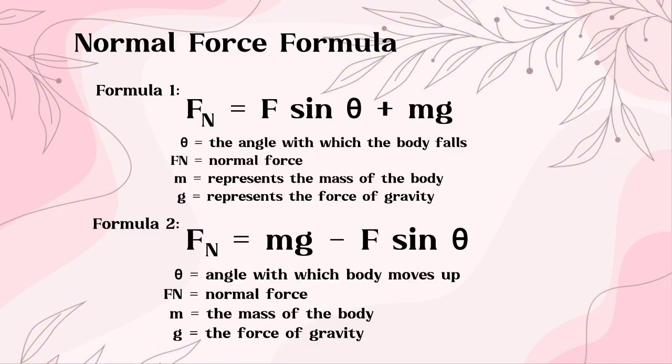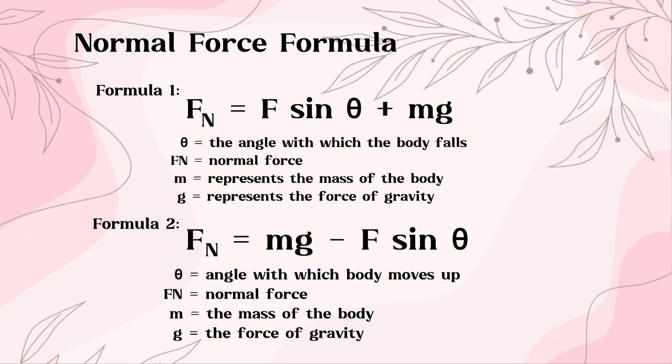So now let's proceed to its formulas. Formula number 1 is Fn equals F sine theta plus mg. Theta is the angle with which the body falls. Fn is the normal force. m represents the mass of the body, and g represents the force of gravity.